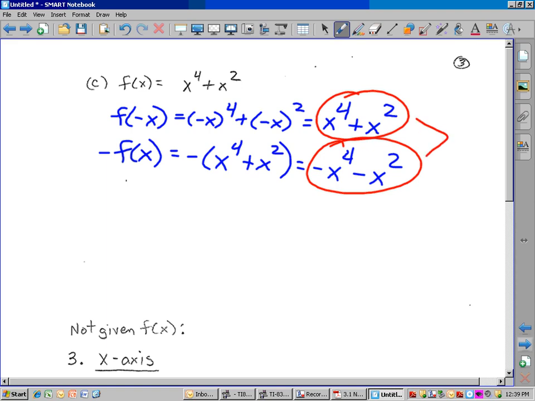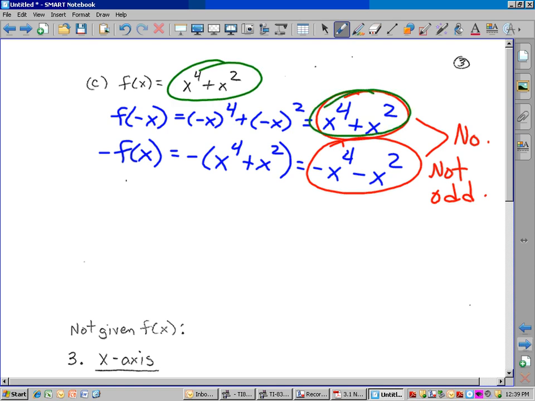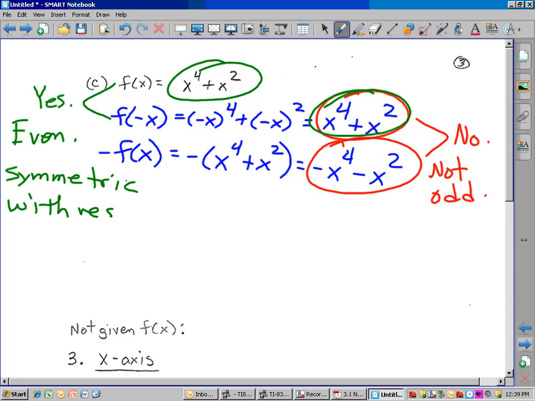No. So it is not odd. Are these two the same? Yes. Therefore, it is even, and we can say it is symmetric with respect to the y-axis.